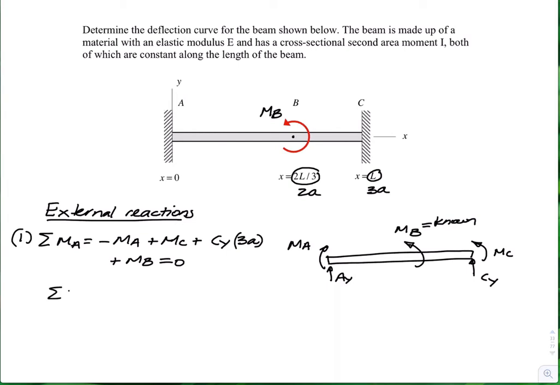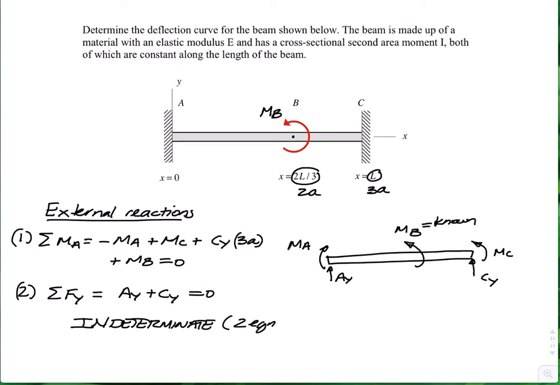When I sum forces in Y, I get a fairly simple equation. It says AY and CY must add up to 0. But the downside here is that the problem is indeterminate. At the most, we can write down 2 equations, but yet we have 4 unknowns.